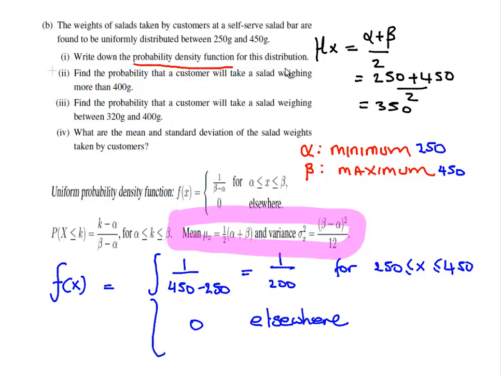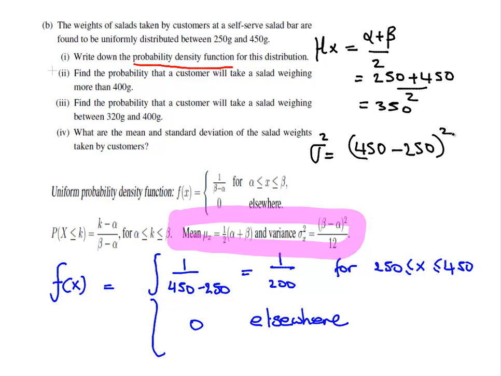Let's make a little bit of room for that here. Sigma squared is the variance, and that is equal to 450 minus 250 squared over 12. 12 is the constant in this case.